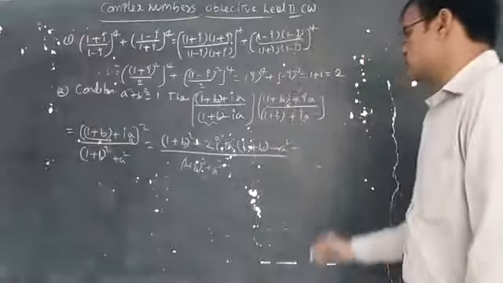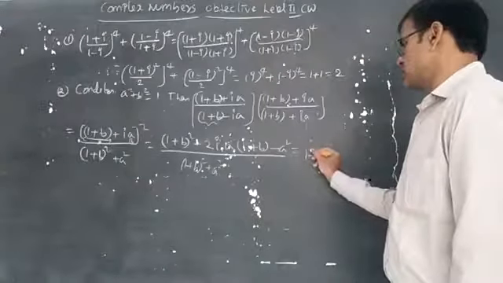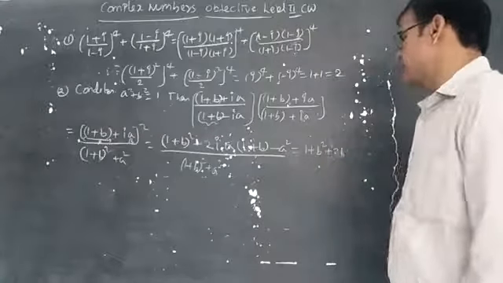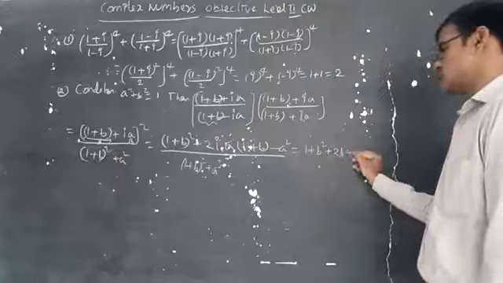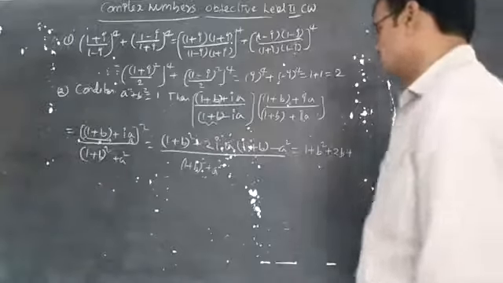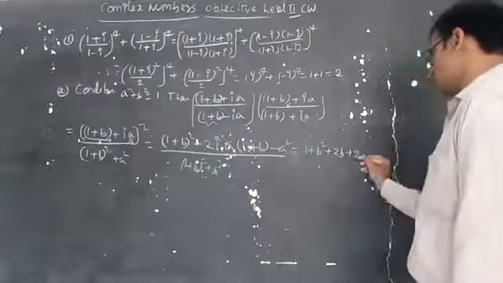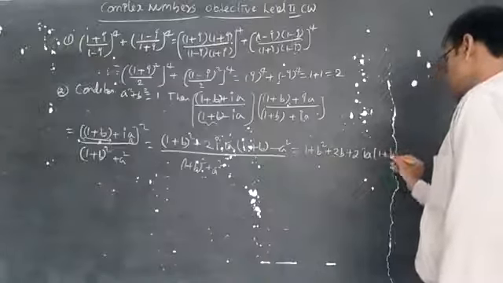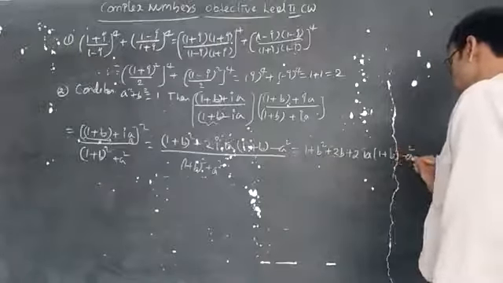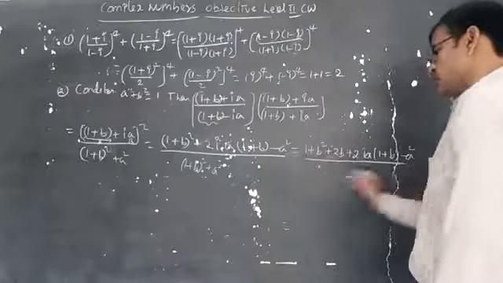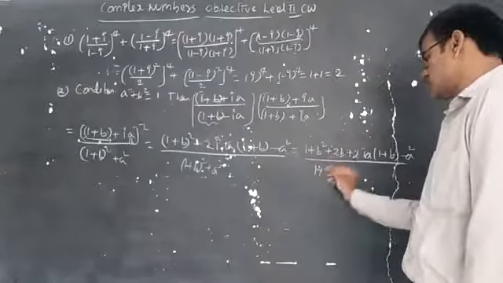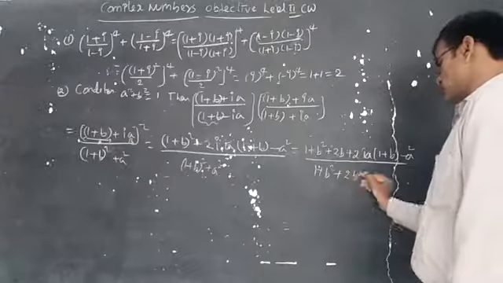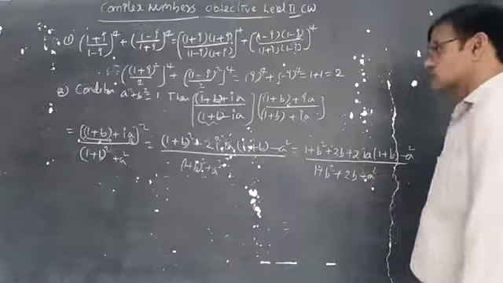Numerator, expand this one: 1 plus b square plus 2b, plus 2ia into (1 plus b). Don't expand that one. 2ia into (1 plus b) minus a square. Denominator, expand this one: 1 plus b square plus 2b plus a square.